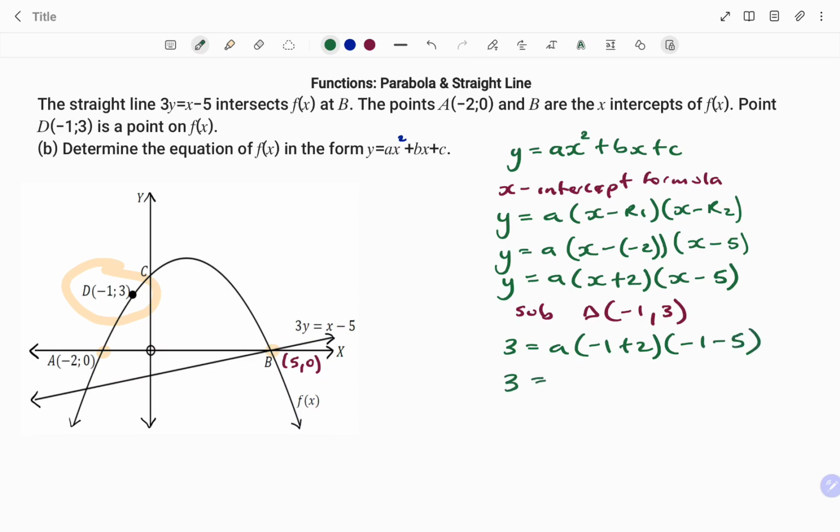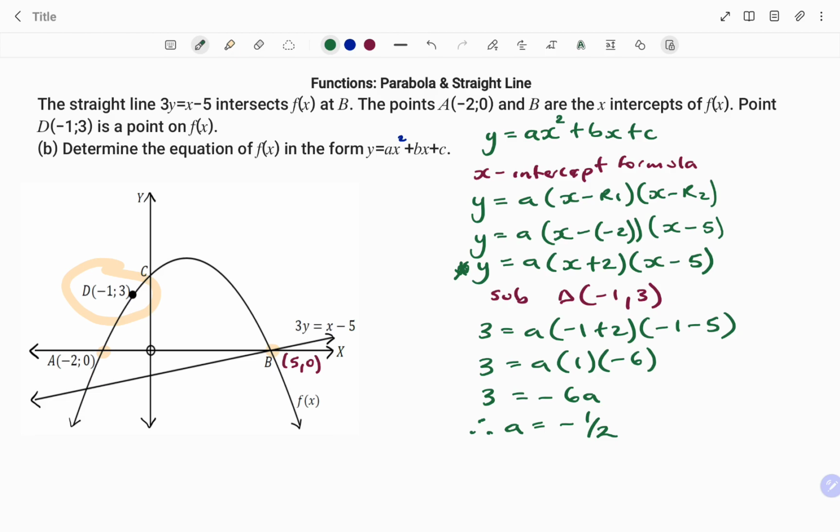Simplifying, 3 equals a in bracket 1, that's -1 plus 2, times -6, that's -1 minus 5. I have 3 equals -6a. Dividing both sides by -6, I have a equals -1/2.